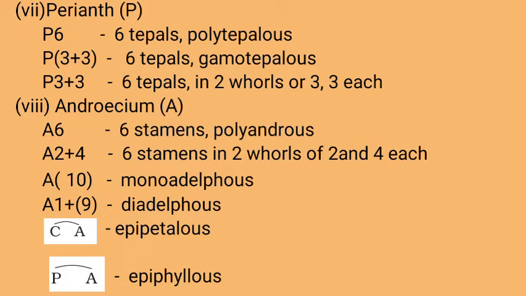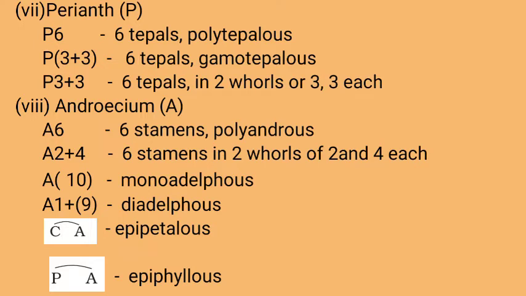Then A(1)+(9), where the stamens are 10 in number. In that, one is in individual form and the remaining 9 are fused. This condition is called the diadelphous condition, which means 2 bundles. The next one is the epipetalous condition.